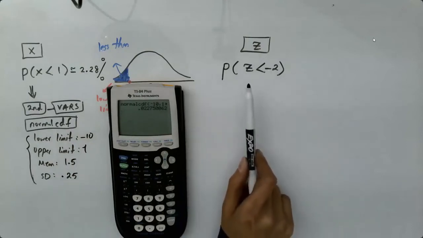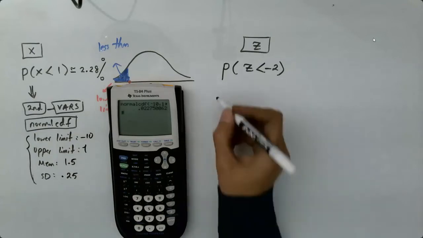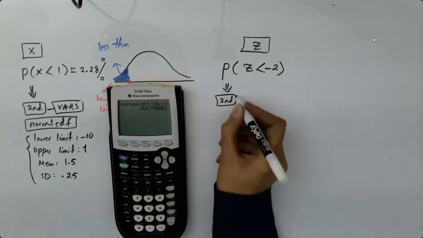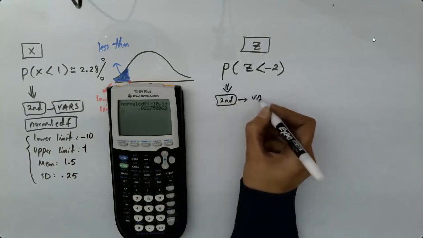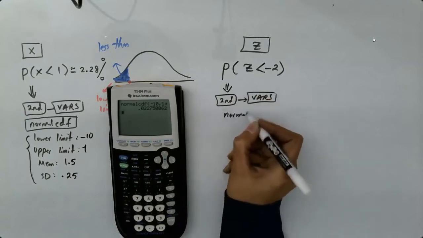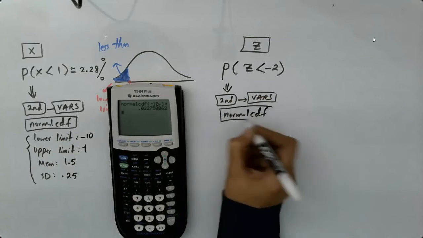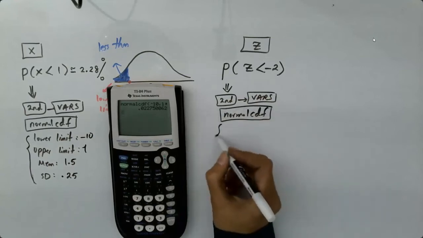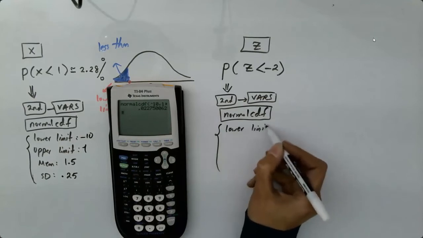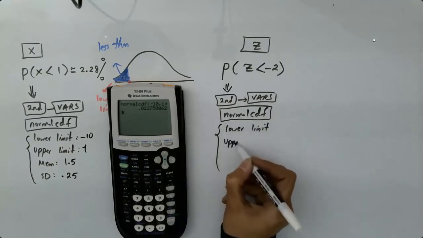Now, for confidential data, if we do the process, it is second vars, normal CDF, very good. The lower limit, upper limit.